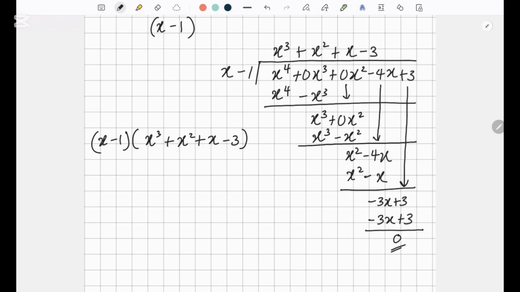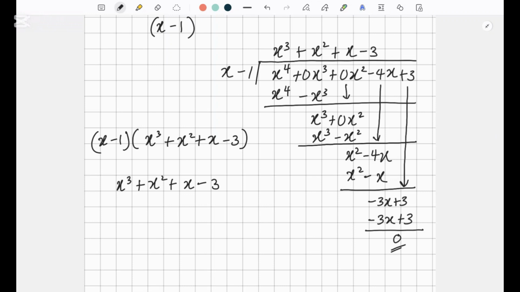But we could factorize this even further, right? Because now we have a cubic polynomial, x to the power 3 plus x squared plus x minus 3. If you look at this polynomial, what factors can we take? You could just do it in your head by substituting 1 into x.